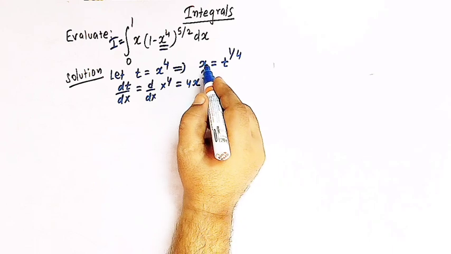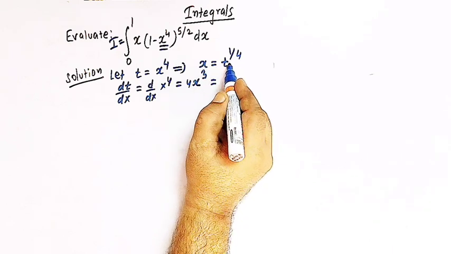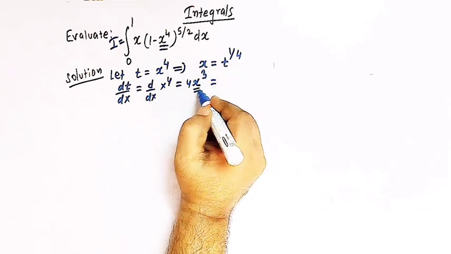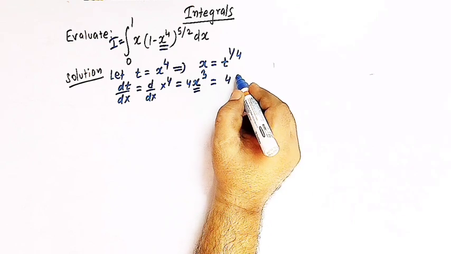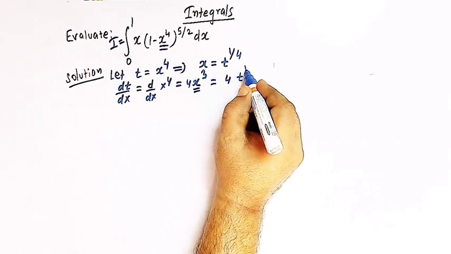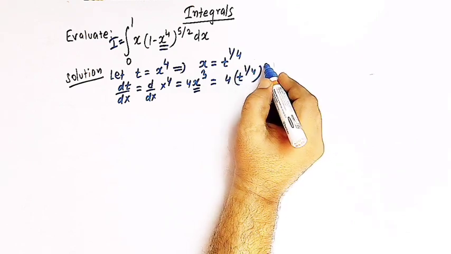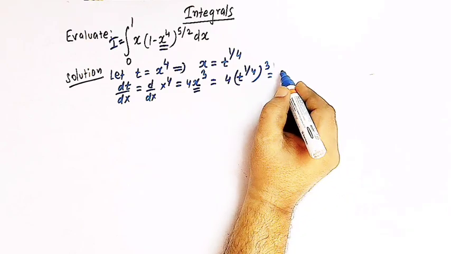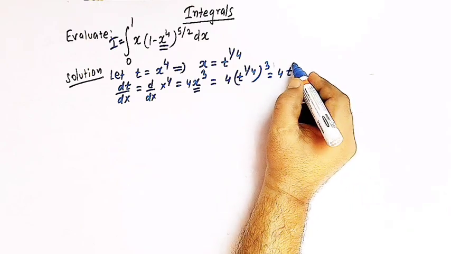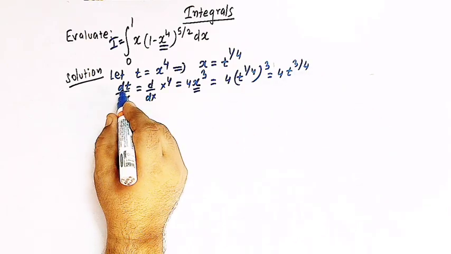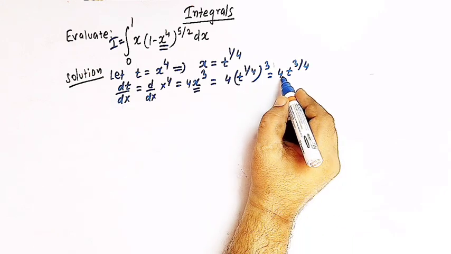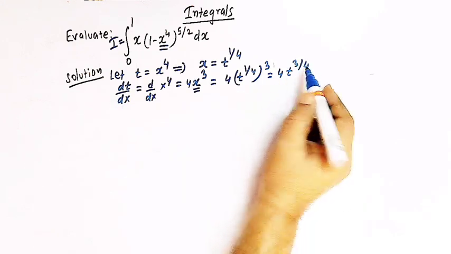From this relation we have x is equal to t raised to 1 by 4, and taking this value of x, we have 4 times t raised to 1 by 4 raised to 3. So this is 4 times t raised to 3 by 4. So dt over dx is equal to 4 times t raised to 3 by 4.